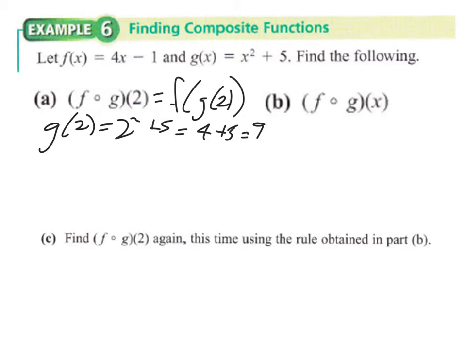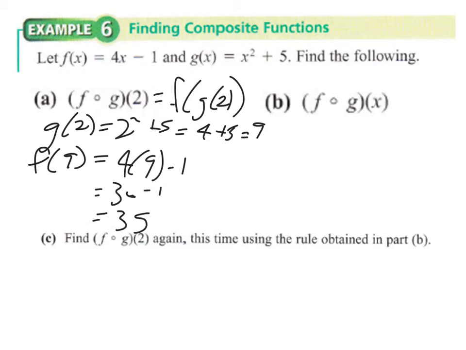So I know g of 2 is 9, so I'm really finding f of 9. F of 9 would be 4 times 9 minus 1. So it would be 36 minus 1, so that would be 35. So if f of 9 is 35, then f of g of 2 is 35.